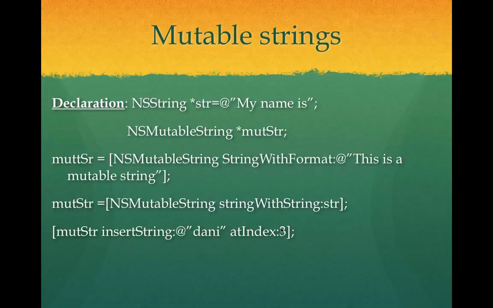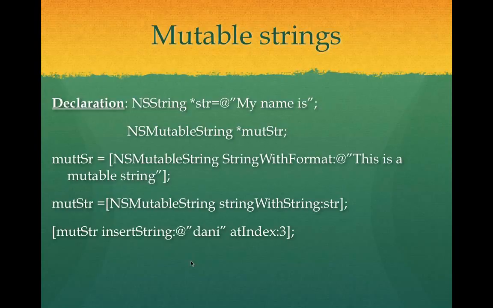So this example here shows a 3. If I return to the above string, my is at index 0 and name is at index 1 and is at index 2. So the word Danny will be assigned to index 3, which is here. So I will have a mutstr with content my name is Danny.